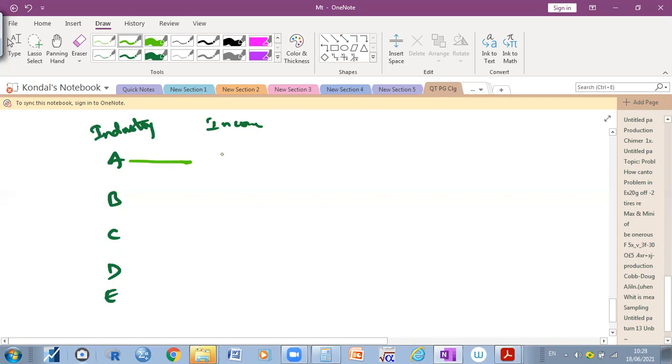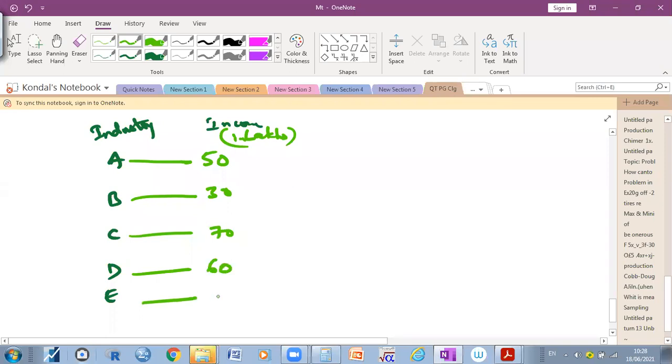You can take any number. 50 lakhs. B industry, 30 lakhs. C, 70. D, 60. E, 80.